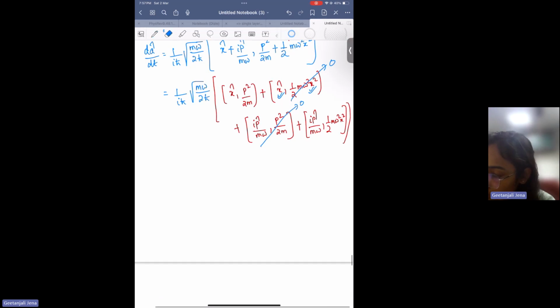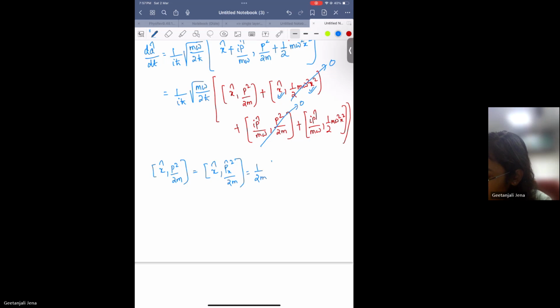Let's see the first non-zero term, which is x with p squared by 2m. One by 2m is a constant, so I can take it out.